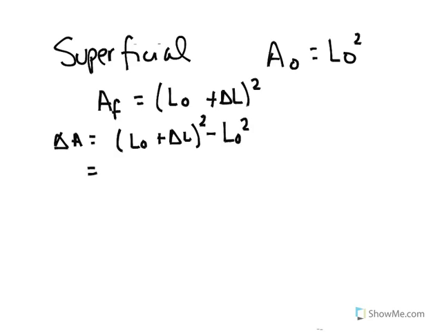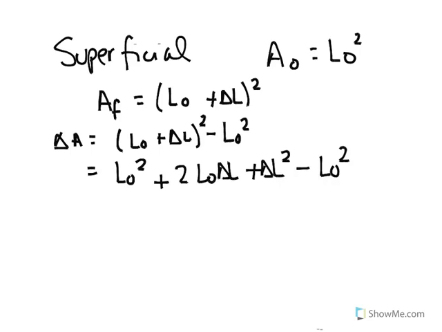If we develop the square, the initial length squared terms cancel, and we have 2 initial length delta L plus delta L squared.